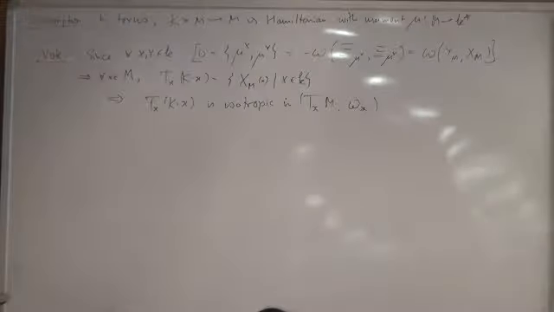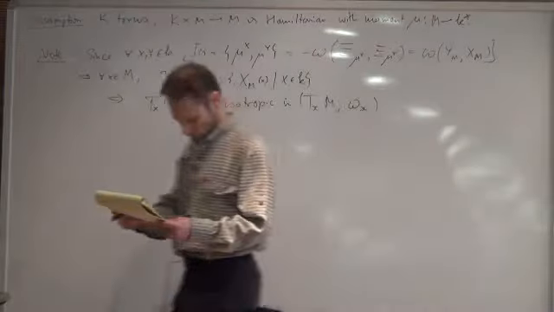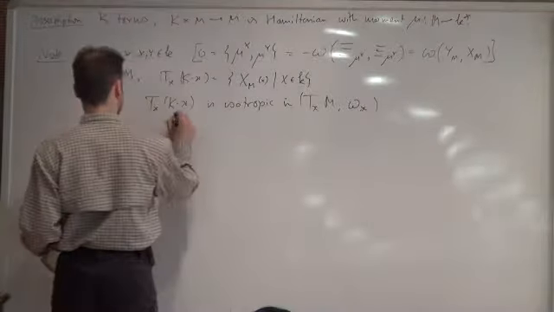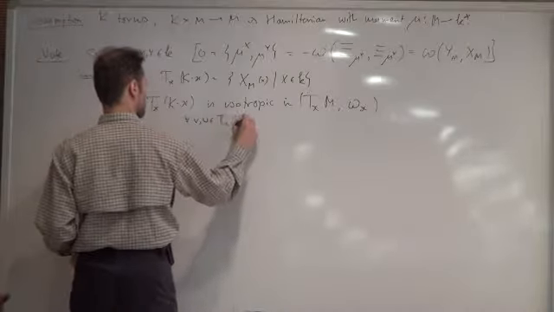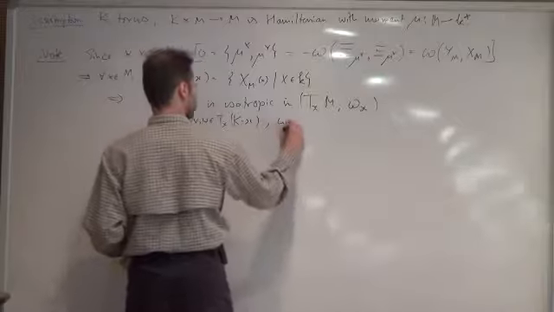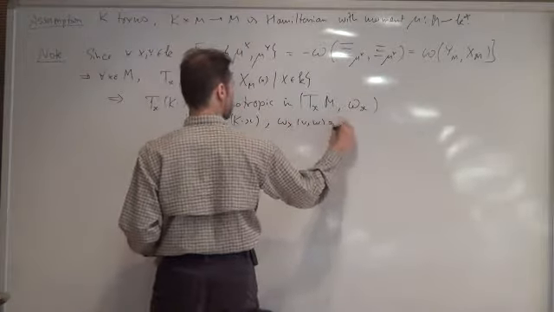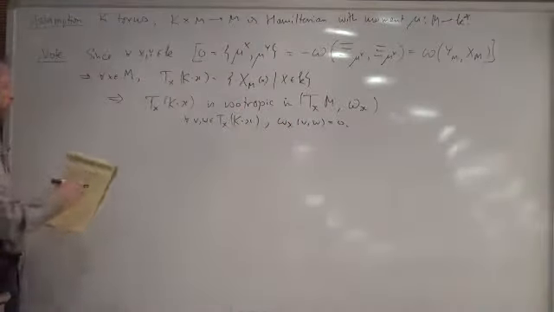Remember, isotropic means if you take two vectors, stick them into the symplectic form, you get 0. I'm just writing it down for emphasis.